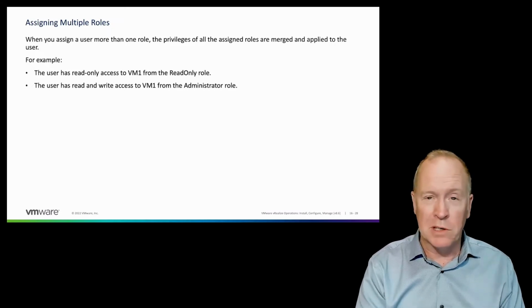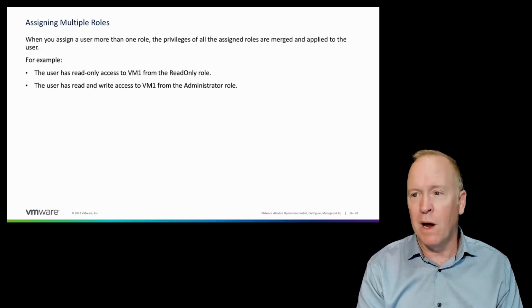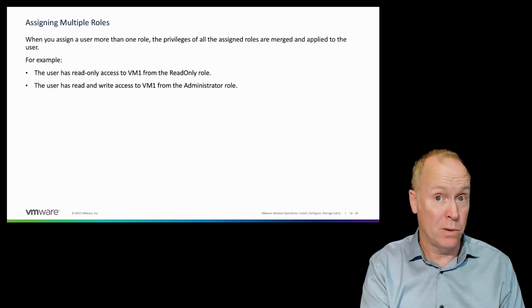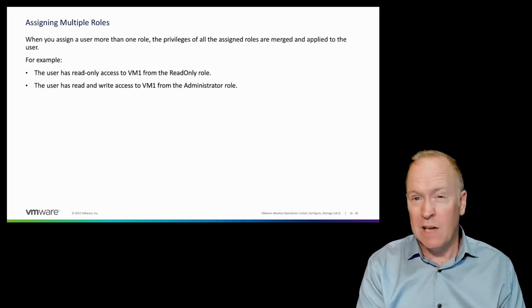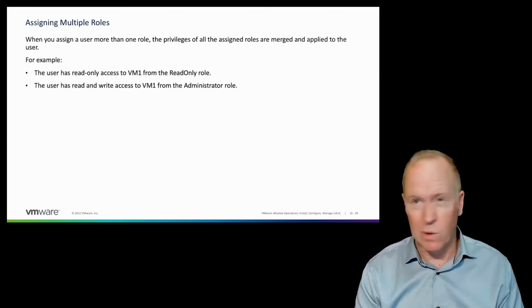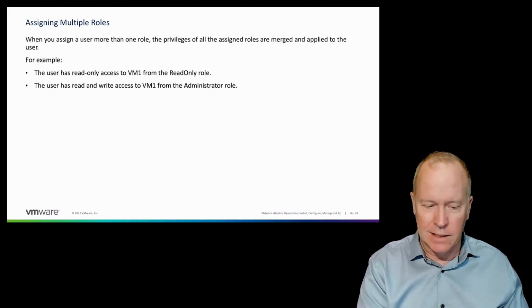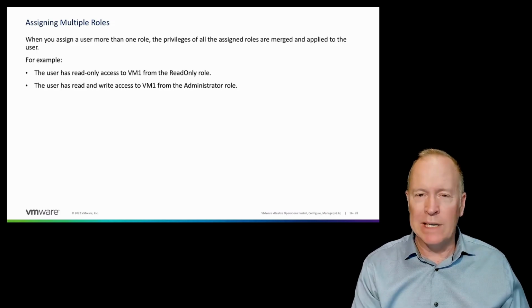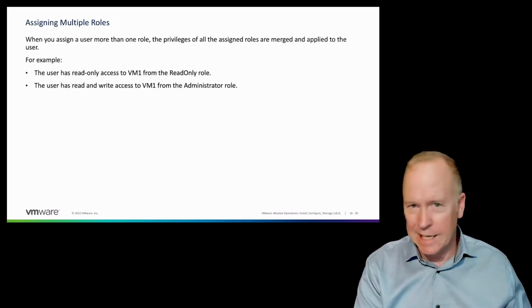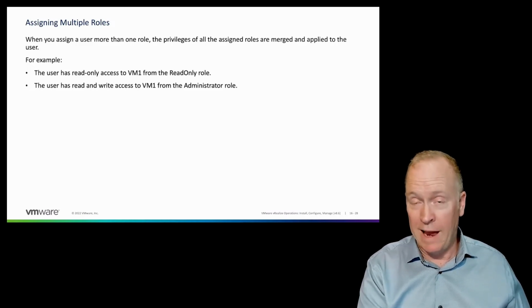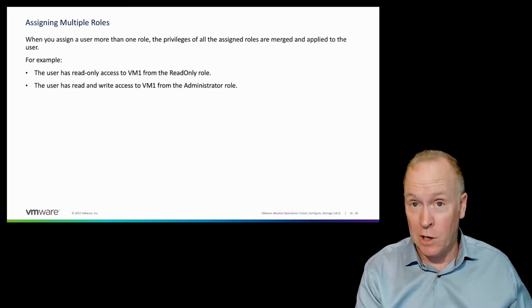In other computer systems, they operate on what might be called the least access principle. In those types of systems, if you had multiple roles or multiple privileges assigned to you, in a least access system, you would get whatever the least amount of privilege those roles have granted you.